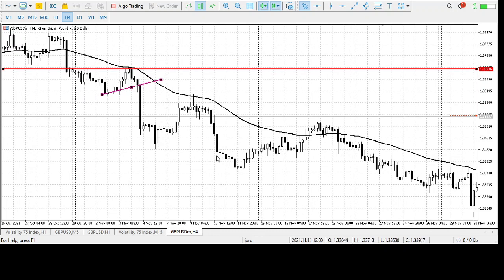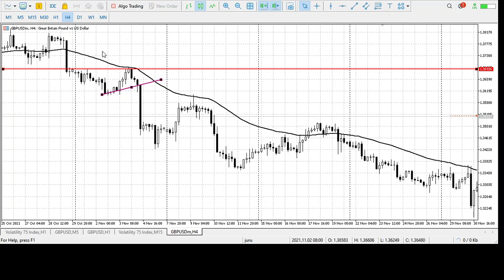In this case, you can see that our price went and hit this moving average period 50, and the signs of resistance were shown by this long wick candlestick.